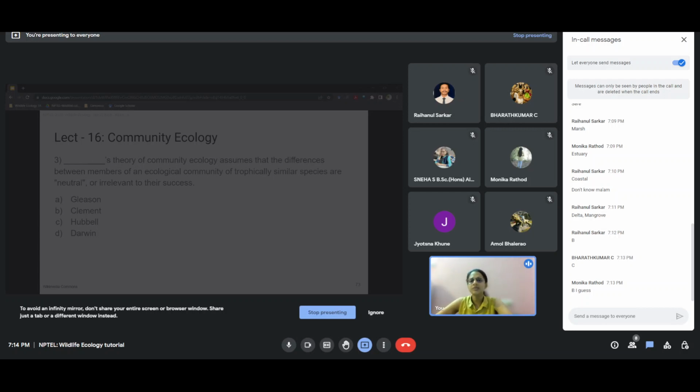So, what does Clements' theory really say? Does anyone know what Clements' or Gleason's theory says? Okay. Do you know what Darwin's theory says? Is there a theory by Darwin for community ecology? I should have answers for this question at least.